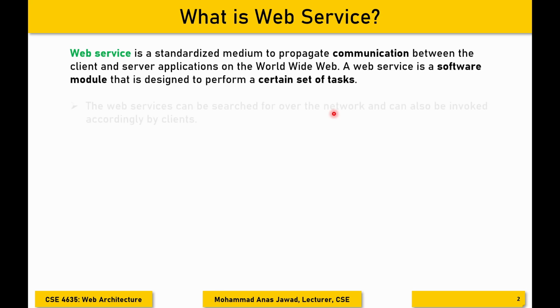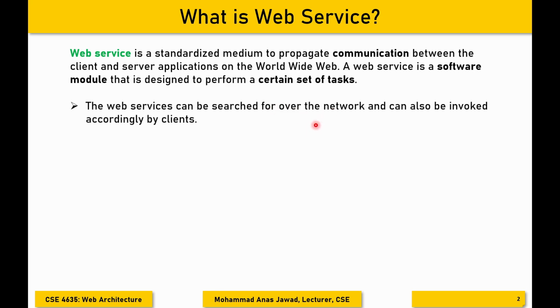Okay. So a few characteristics that are related to web service are as follows. A web service can be searched for over the network and can also be invoked accordingly by clients. This is something similar to what we have seen in the last lecture about distributed object-oriented concepts, right? Similar to that, web services are located on the internet.